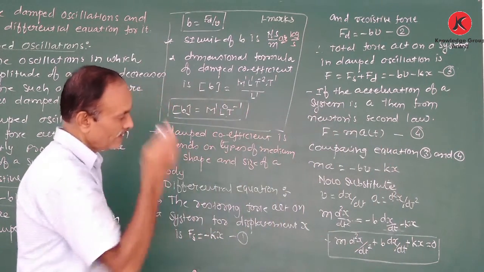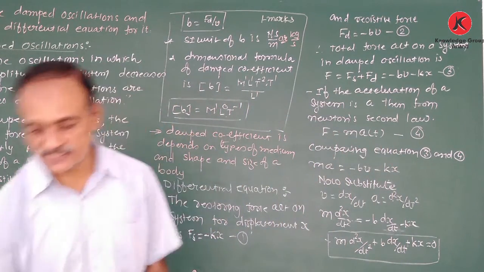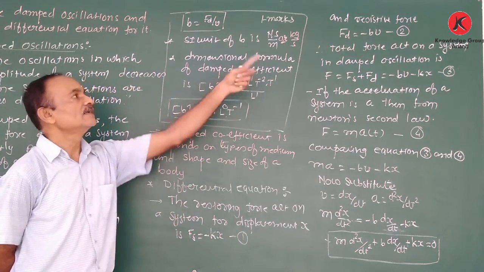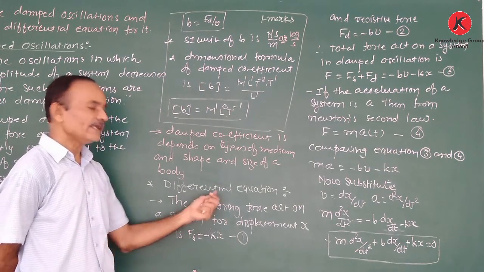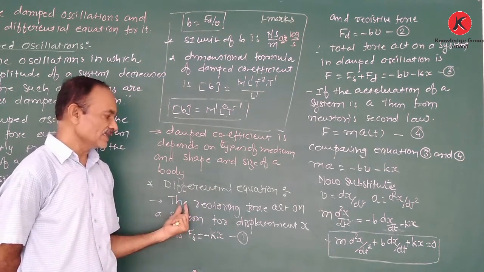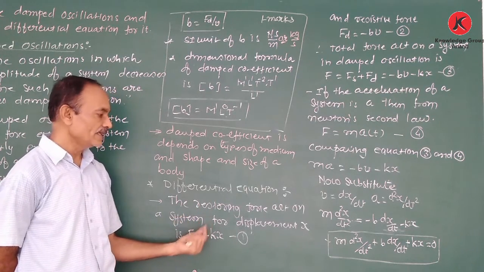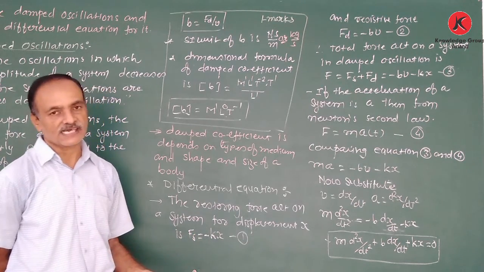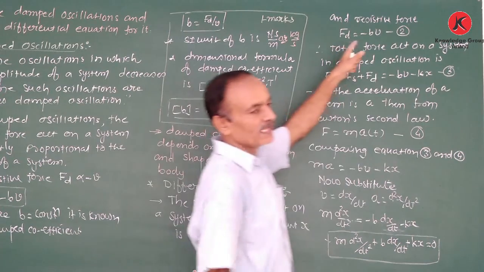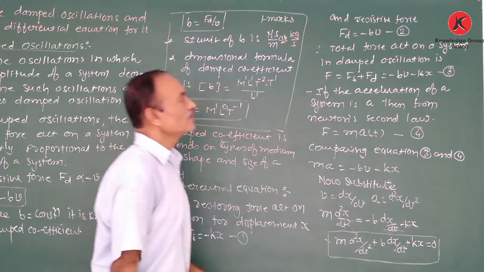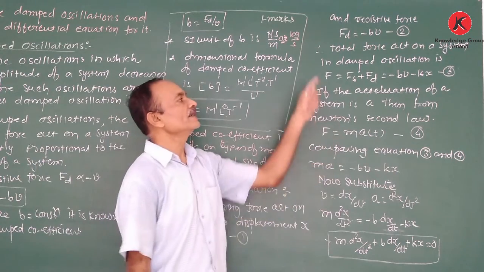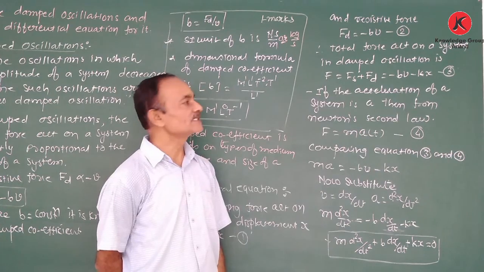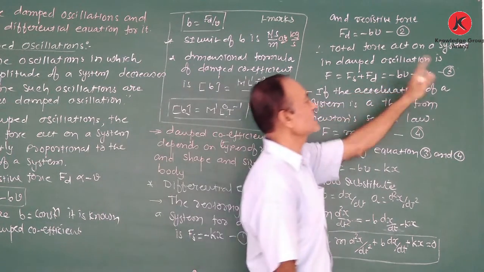Now, by the same method we obtain the differential equation, but here one additional force is the resistive force. During the damped oscillation, the restoring force acting on a system for displacement x is Fs is equal to minus kx, and the resistive force Fd is equal to minus bv. Therefore, the total force is F is equal to Fs plus Fd is equal to minus bv minus kx.